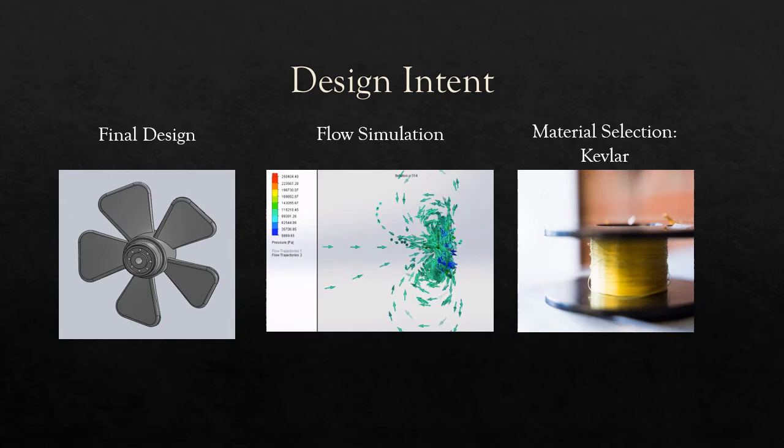The major difference between our initial design and our final design are the shape of the blades. The blades of the initial design are rounded, and the blades of our final design have a triangular shape and are narrower in order to reduce the mass.